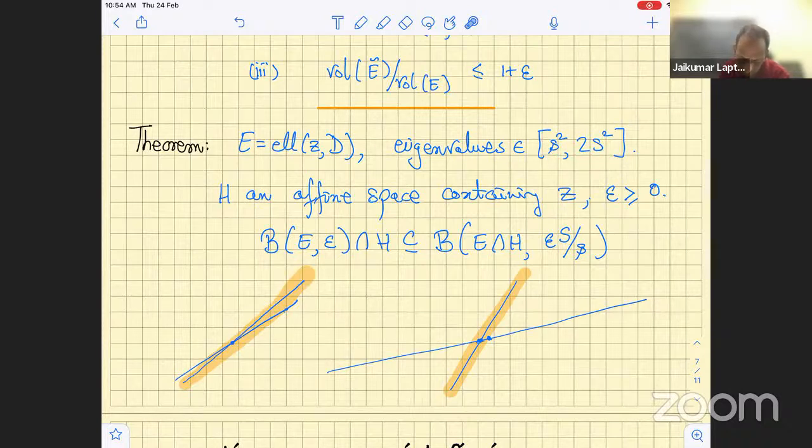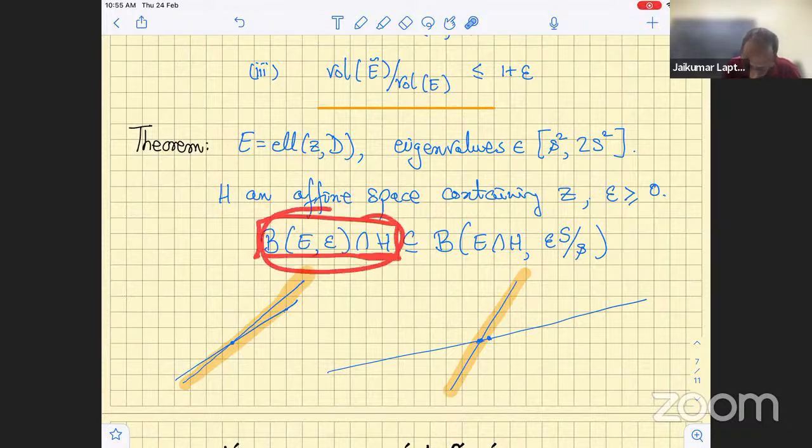sorry, I don't know why I wrote 2s squared here. Anyway, the smallest eigenvalue and the largest eigenvalue are very well separated in ratio. But suppose all eigenvalues are in this range, then if you take the ellipsoid, instead of this line it was an ellipsoid, and you fattened it by epsilon and look at its intersection.